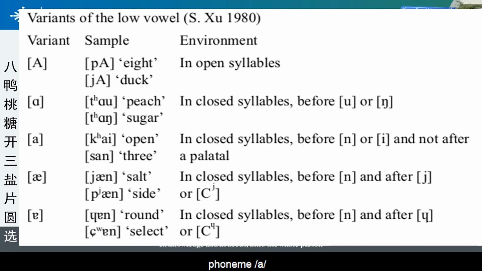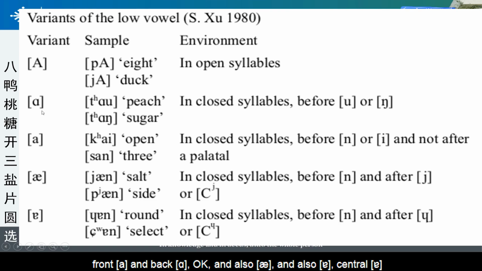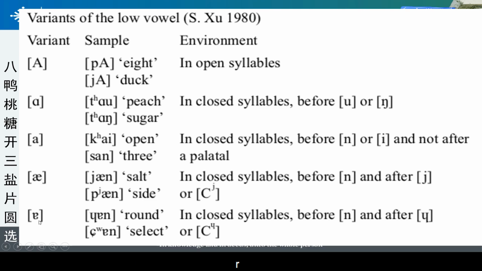Similarly, you can observe the different allophones of the phoneme a. Okay, there are different a's: front a and back a, okay, and also central a, and this is also central a, the lower central a, open central a, right? They appear in different situations, different environments in a syllable, and they do not distinguish meaning.